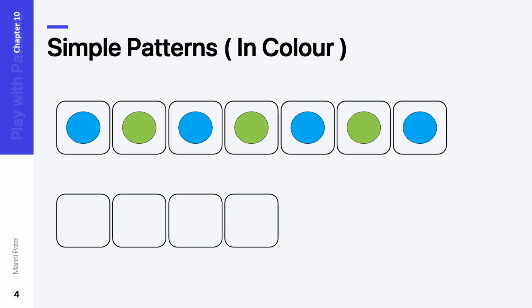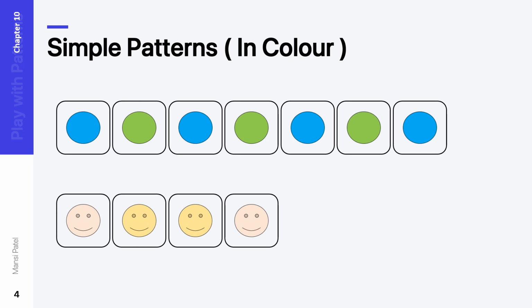See the next one. Our next pattern is here: one smiley with light pink, then it comes with light yellow, then again light yellow, and then again pink.